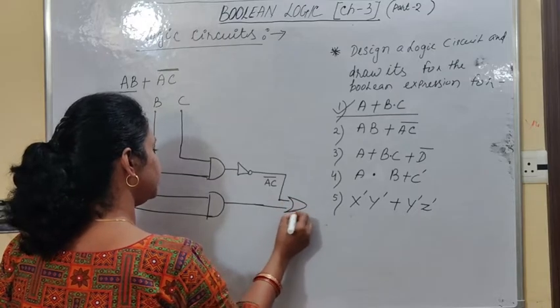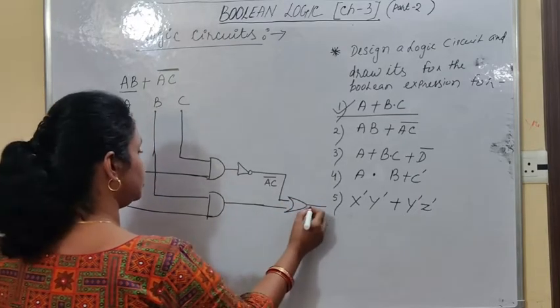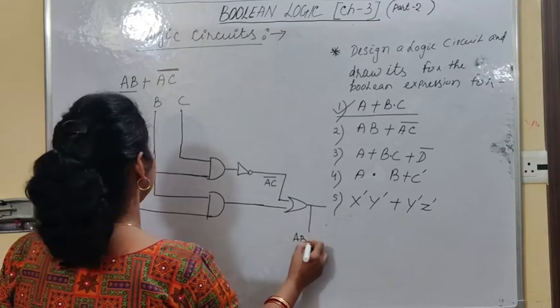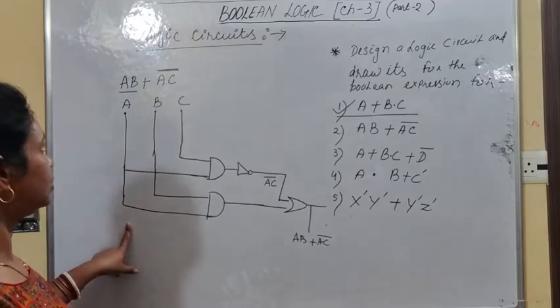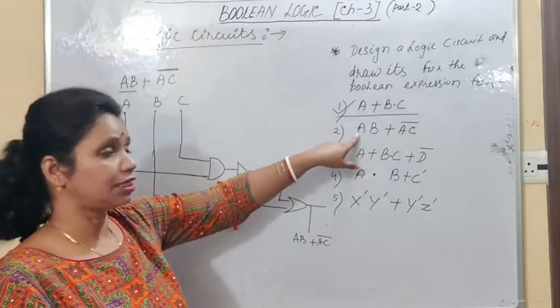So you have to implement the logical OR operator. Now this is the output for AB plus AC whole bar. Right students, so in this way you can draw the logic circuit of this Boolean expression.